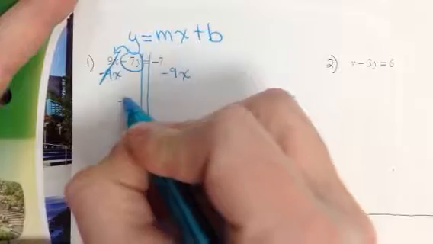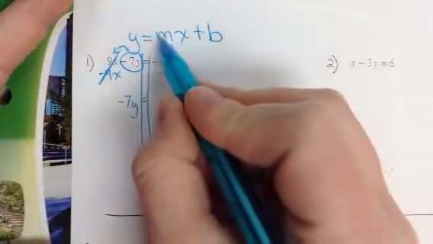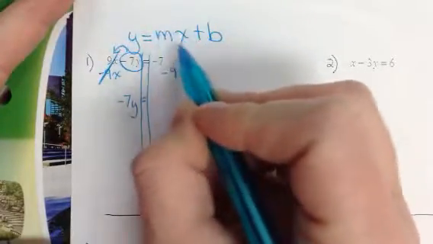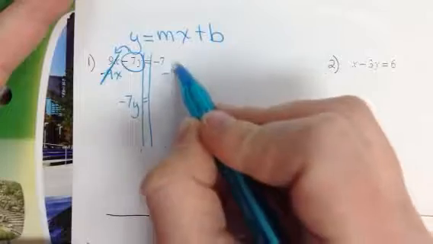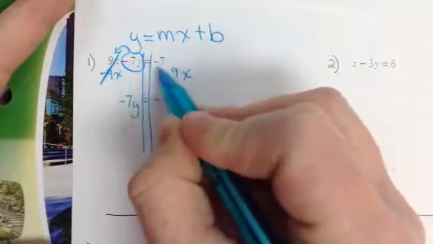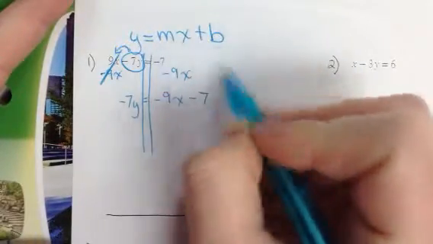I'm going to bring down my -7y equals, now in slope-intercept form, they have the x right after the equals. So I'm going to put this term, and then I'll put this constant at the back because that's going to be where the y-intercept goes.